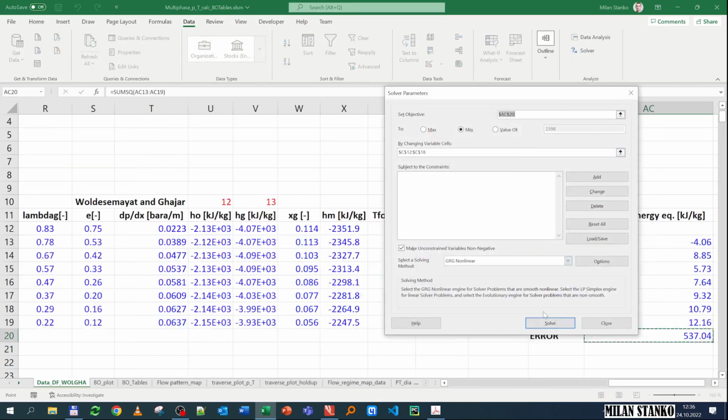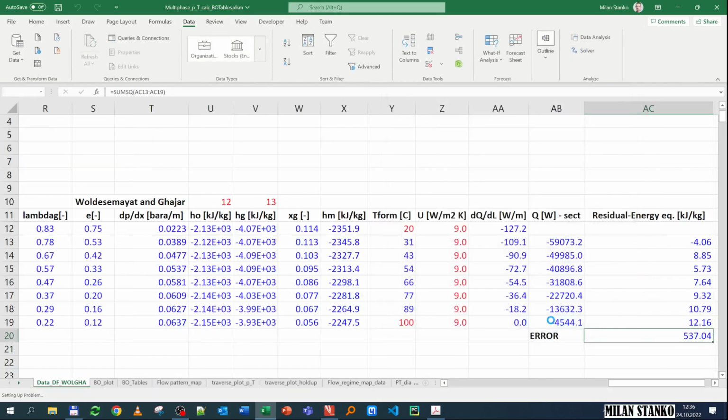It still has the same information, solve. And you see here the objective cell, 537, 489. So it's kind of working, it's reducing the error.